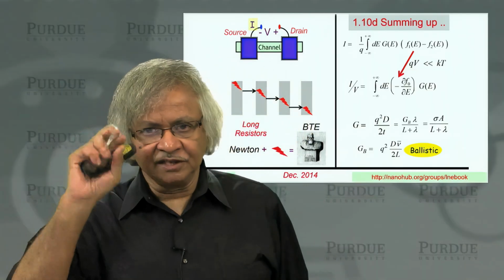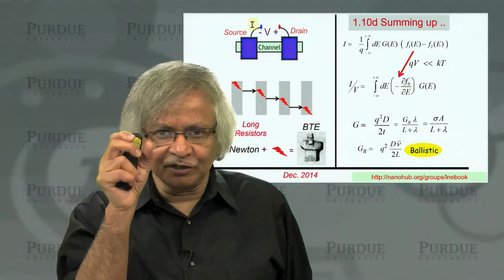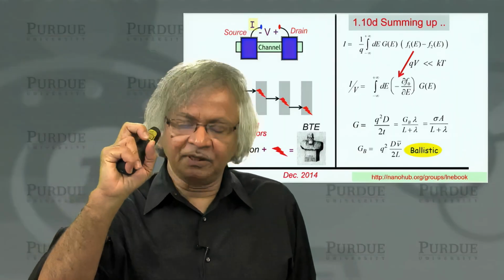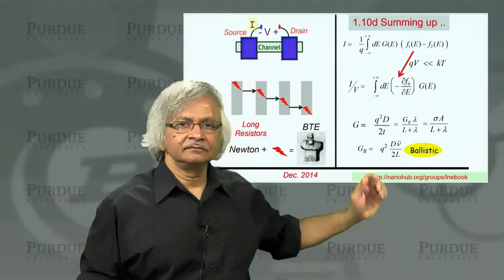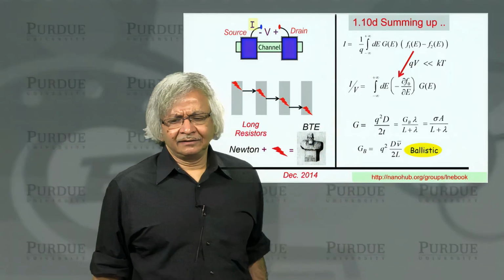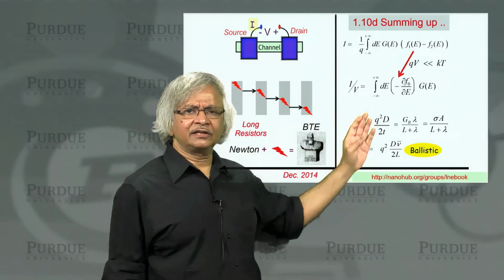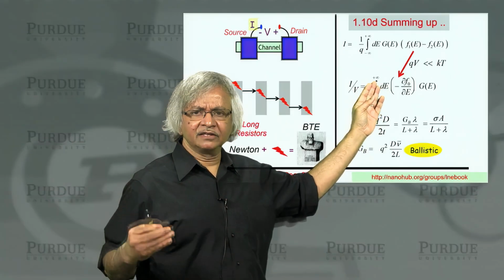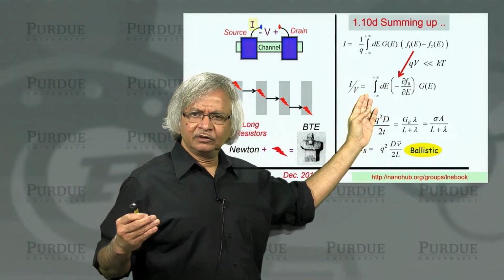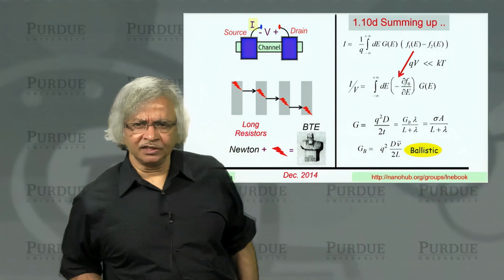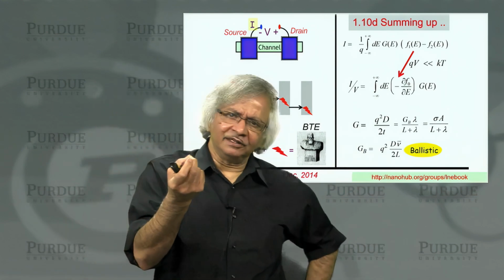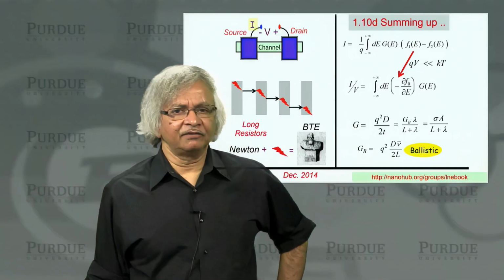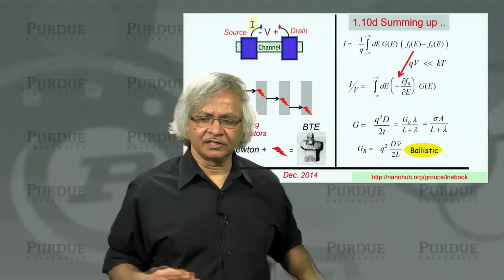You see, Taylor series expansion only holds for a small value of x, and the x in this context is applied voltage over kT. So you might say, are you saying that you have this linear dependence of current on voltage only for small voltages? Because after all, kT is like 25 millielectron volts. So if you apply a voltage bigger than 25 millivolts, you'd think this expression won't work.